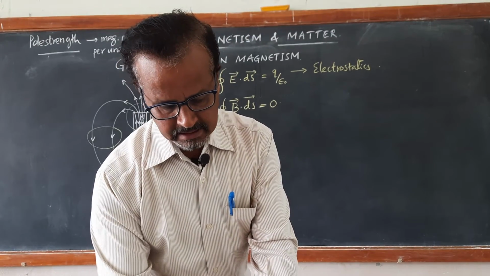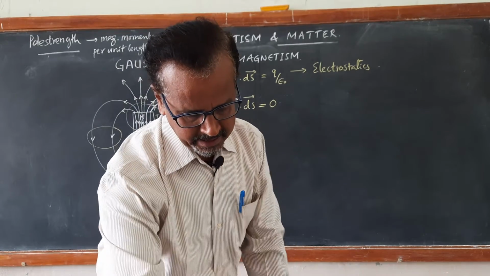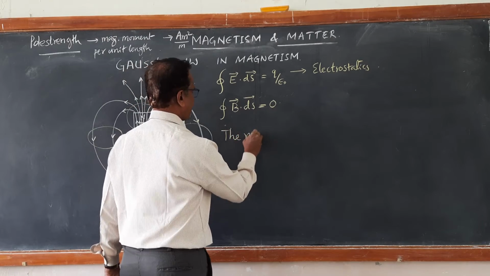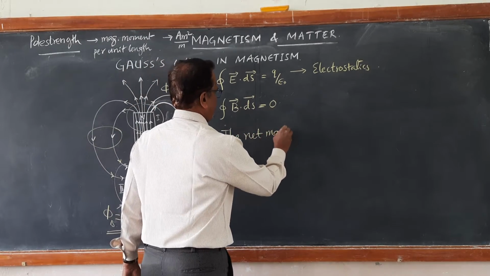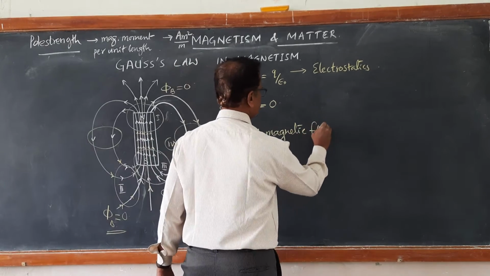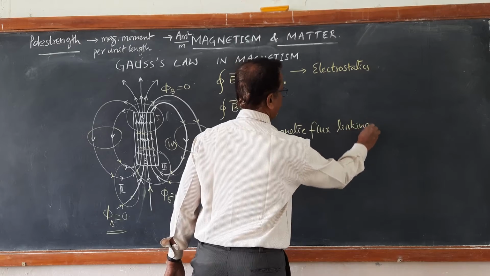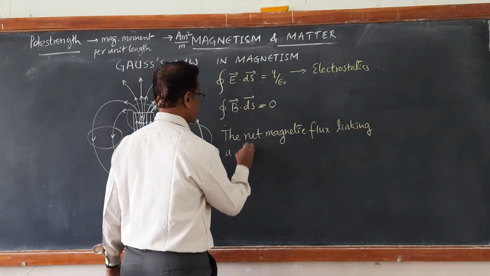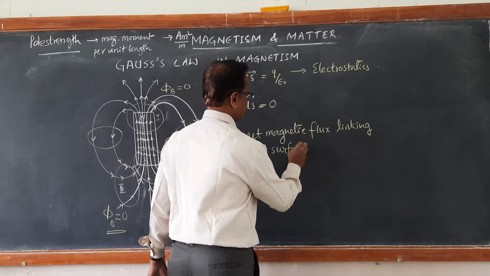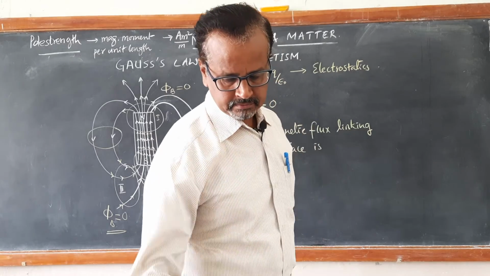I am writing the statement of Gauss law in magnetism: the net magnetic flux linking a closed surface is always 0.